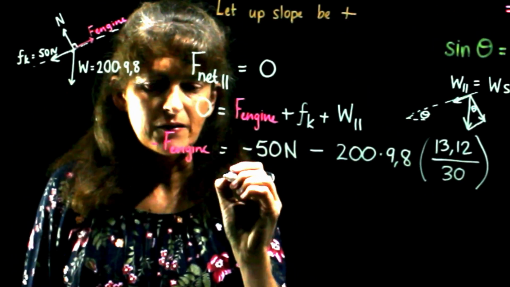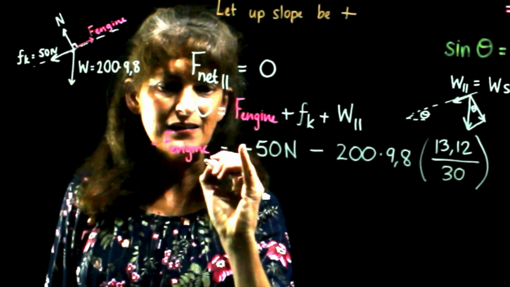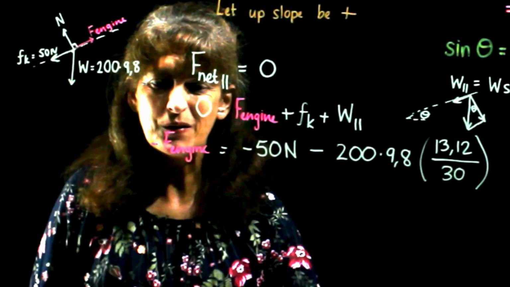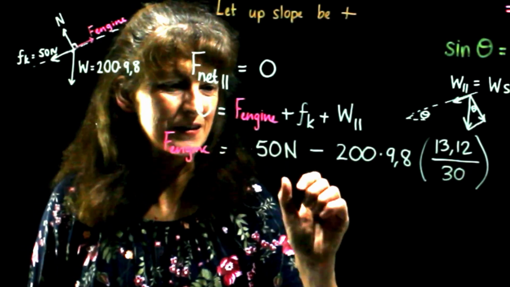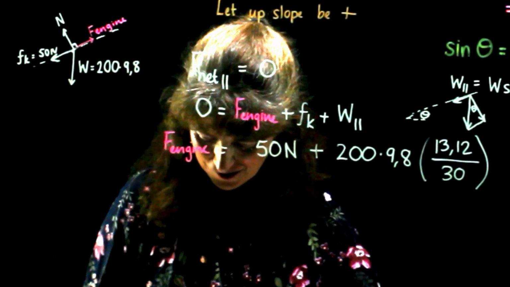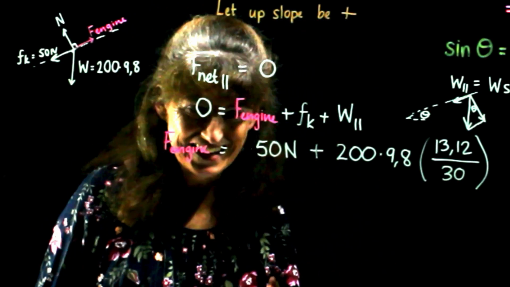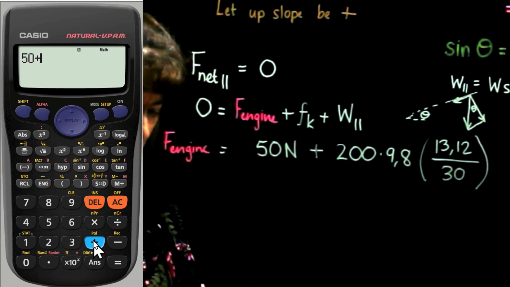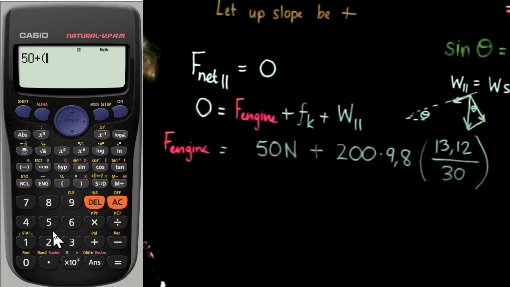So it's just a matter of algebra. Now we can see here, this is minus, minus, minus. We're going to sort out the minuses in a moment. We could just simply make everything positive, if you like. Got to sort it out at one stage, so maybe that makes our calculation easier. Let's now calculate 50 plus 200 times 9.8 times, if you like, you can use the fraction function, 13.12.